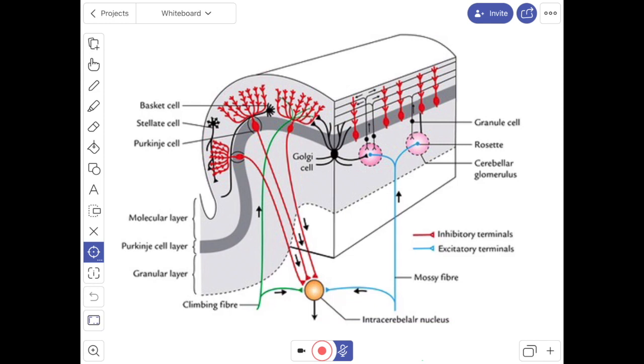It consists of three distinct layers: an outer molecular layer, an intermediate Purkinje layer, and an inner granular layer. So outer molecular layer, intermediate Purkinje cell layer and inner granular layer.